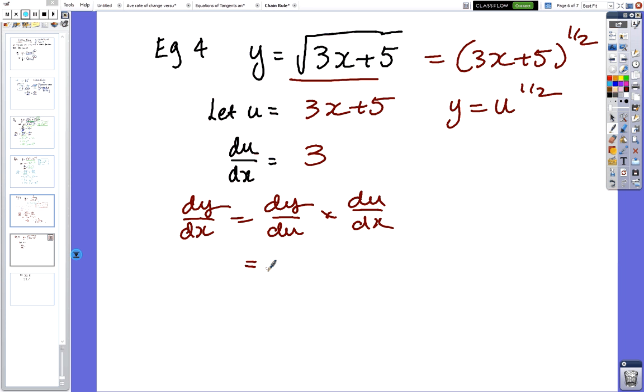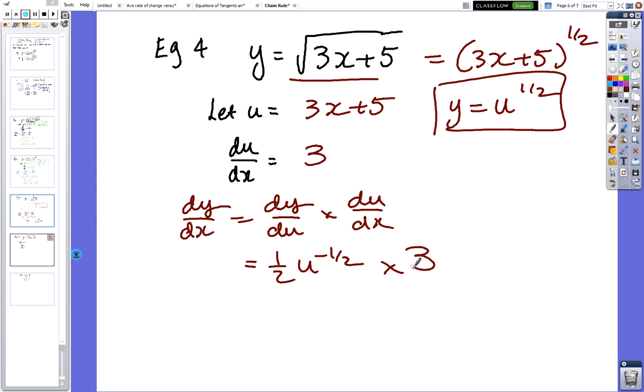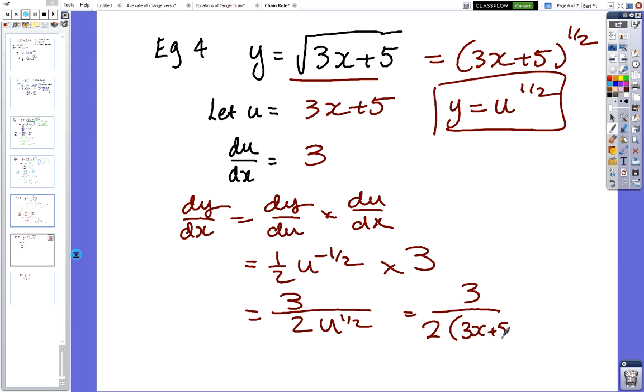So dy du is that part. We multiply by half and then subtract 1 from a half gives you minus a half. du dx is 3. So we get 3 times a half is 3 over 2, u to the minus half, and then u is 3x plus 5 to the power of minus a half. Okay? So, copy that and come across.